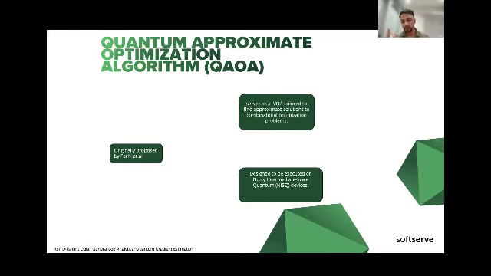The idea of running circuits on near-term devices is that we run small depth circuits and use a classical optimizer to update the parameters. Because people ask what we are going to do with devices with a few hundred qubits, and this is where Farhi came up with QAOA, which I'll get into.